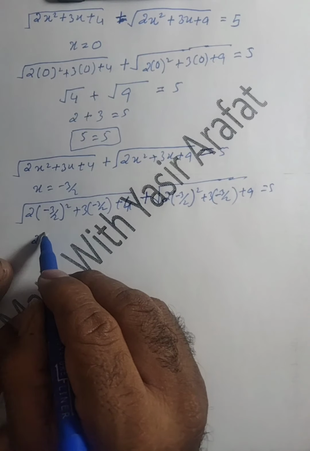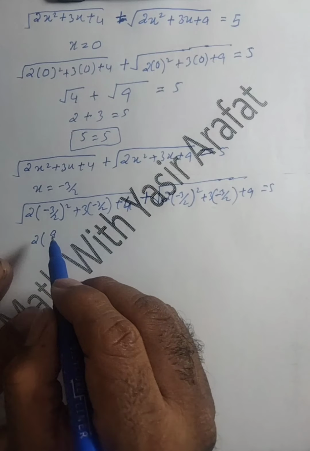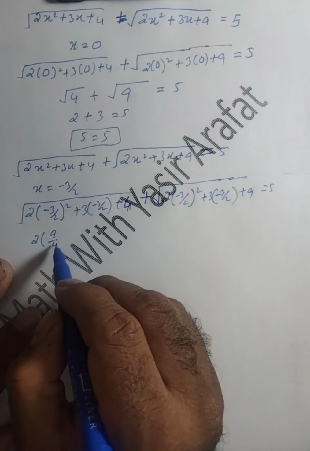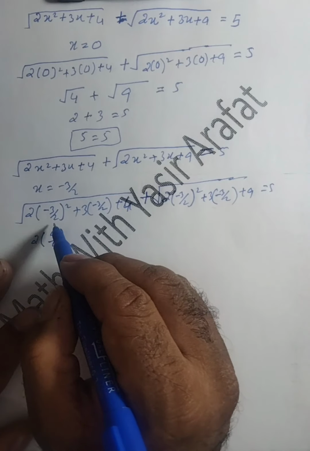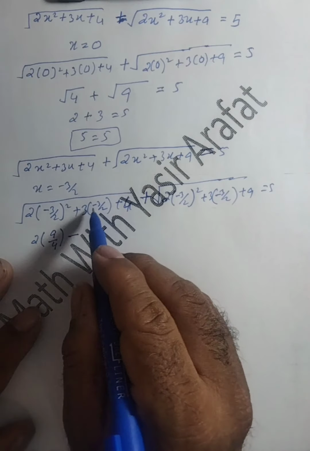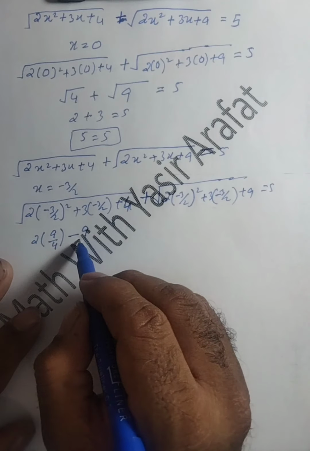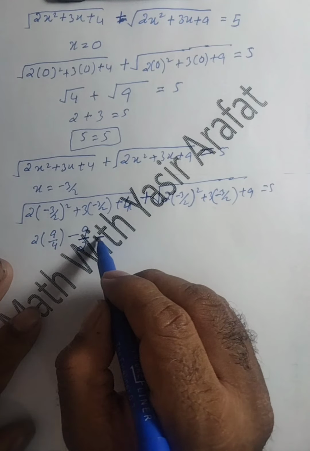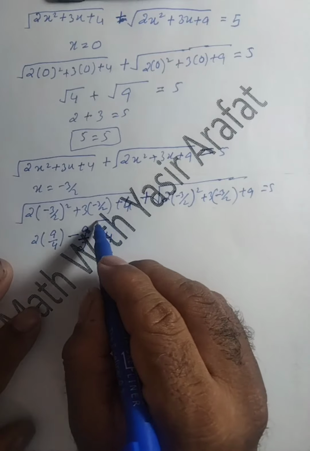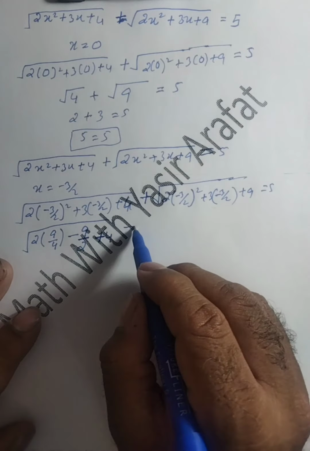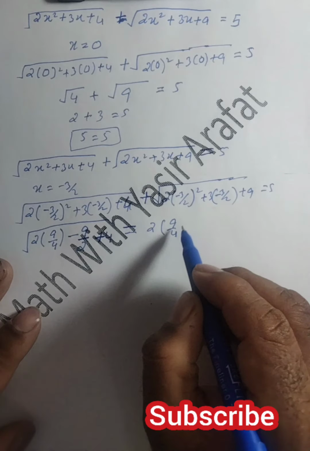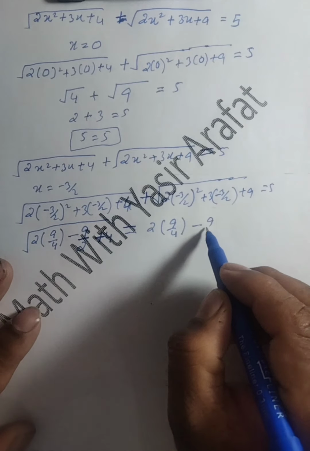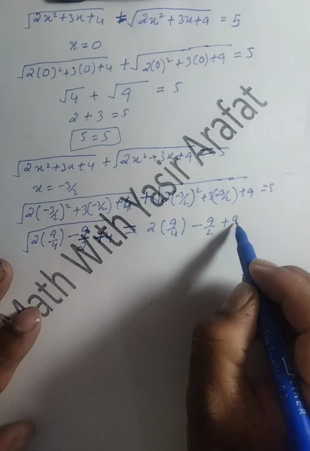Now here this is 2 times 9 over 4. Power even, negative will change into positive. 3 square is 9, 2 square means 4. Minus plus minus, 3 3s are 9 over 2 plus 4 in the radical. So here again the same situation, 9 upon 4 minus 9 upon 2 plus 9.